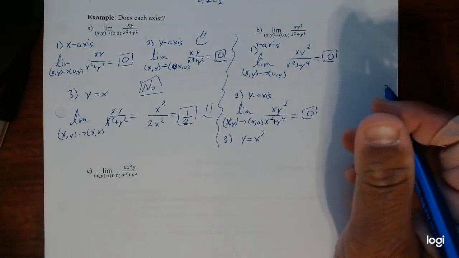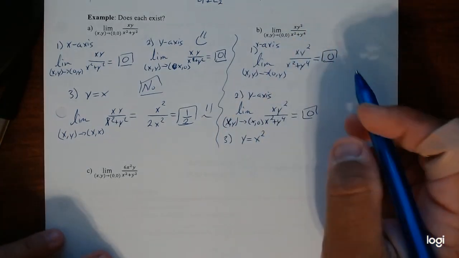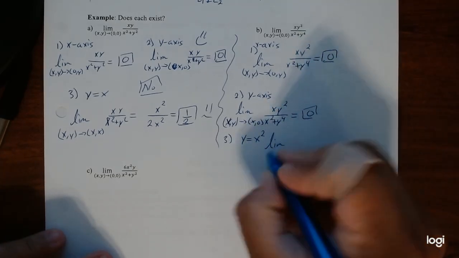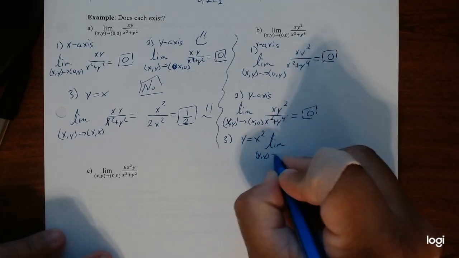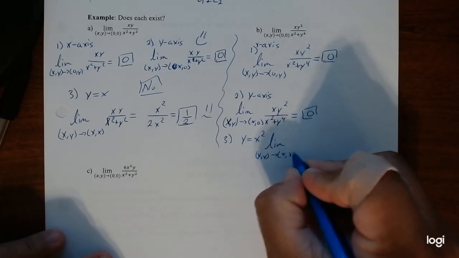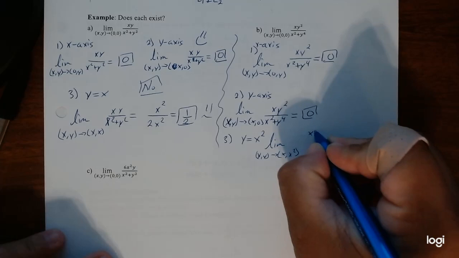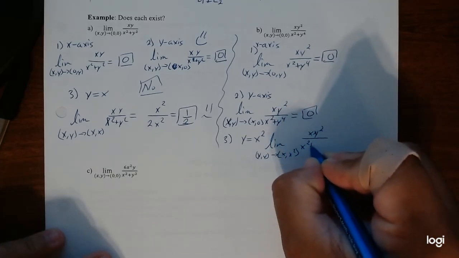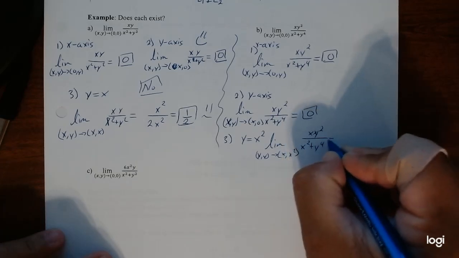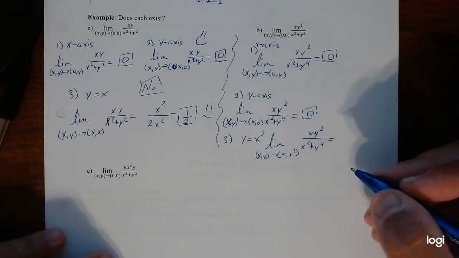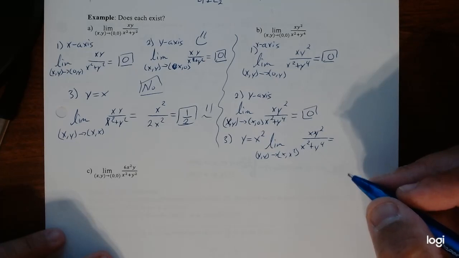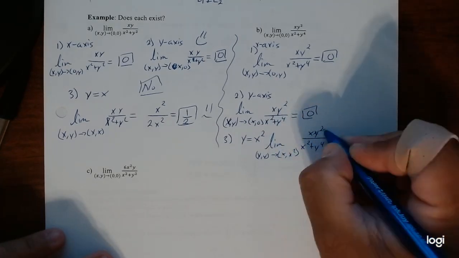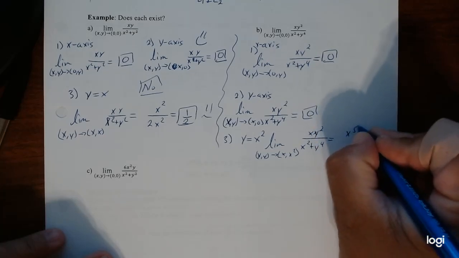Again, you could pick any path you like, right? Any along that goes through the origin. So now we take the limit as (x, y) goes to 0 along y equals x squared. So now plugging this in, that gives me x squared y to the fourth, y to the fifth.